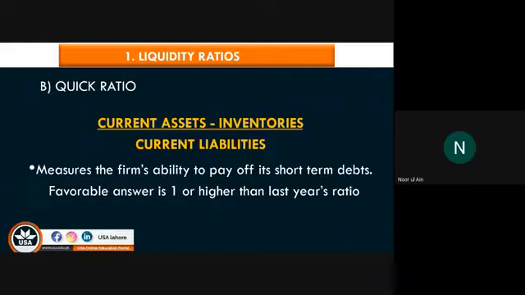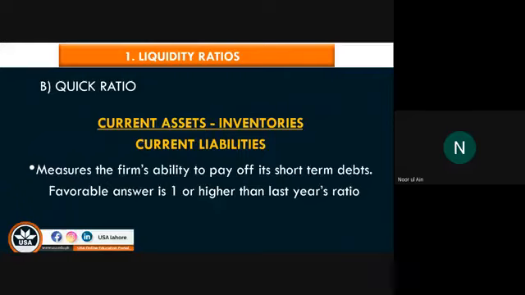Inventories are at least two steps away from being converted into cash, because inventories have to be processed and sold on credit first, and ultimately inventories will convert into accounts receivable, and again it will take time to collect money from the debtors. So inventories are at least 2 to 3 steps away from being converted into cash, as compared to the other items in your current assets.